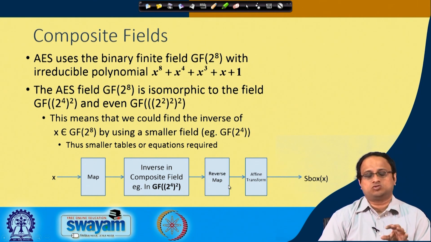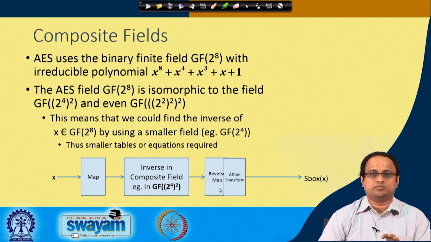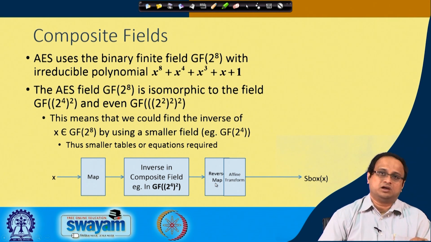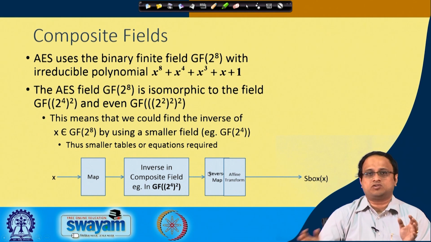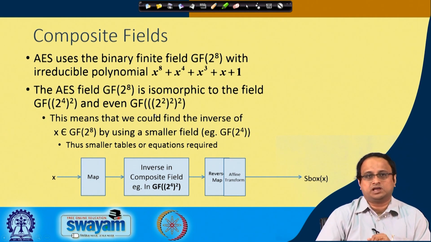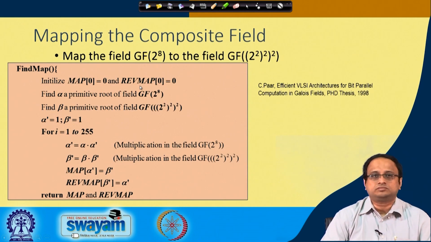Remember that these are two matrix operations, and therefore I can combine them and get one single matrix to do this transformation. That probably would make my design more compact than having two independent maps, the reverse map followed by the affine map. We can combine them into one single map, and that can save some gates.